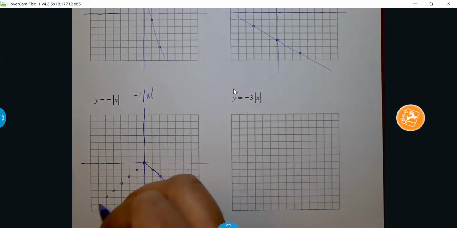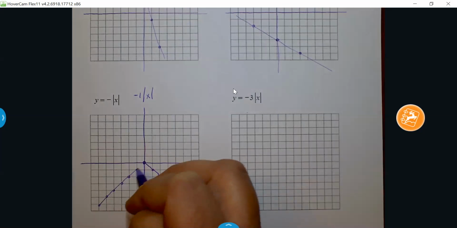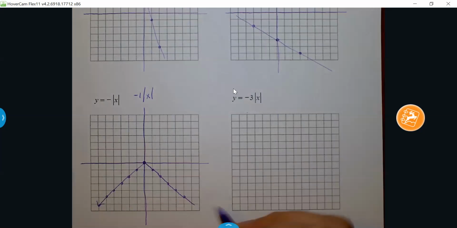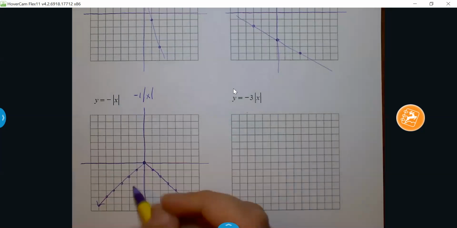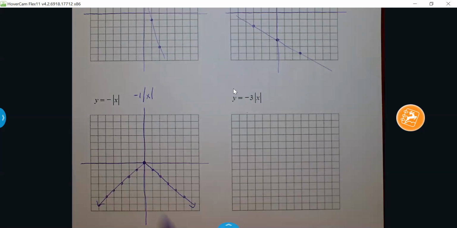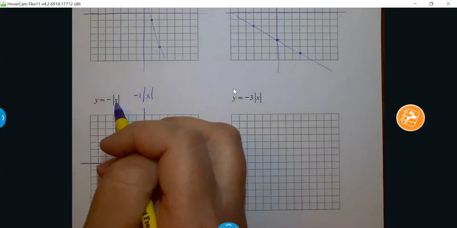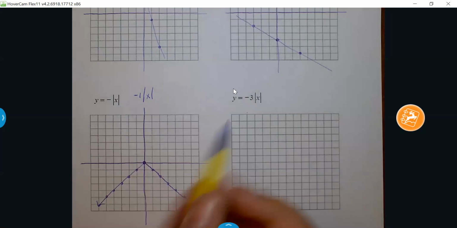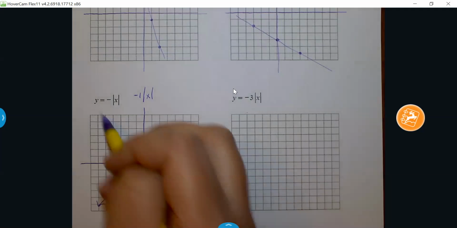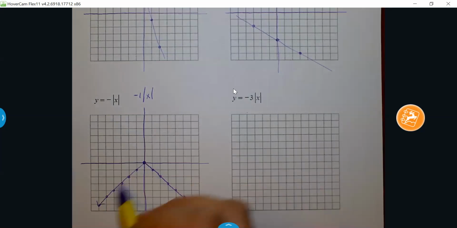So we end up with a V shape. With the absolute value, you're always going to end up with the shape of a V. That absolute value means that you can never be negative on that, which is why it's not a straight line. Right? V's don't curve down the other way.